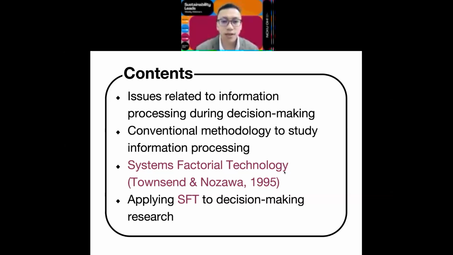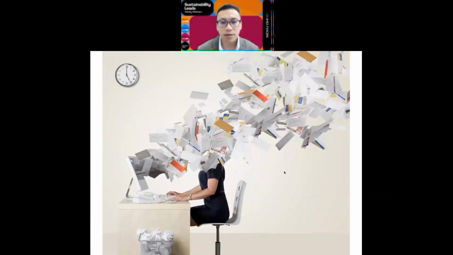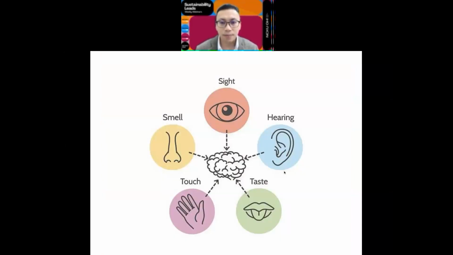Finally, I will give you several examples of my studies to show how to apply SFT to study the decision-making process. In daily life, we are constantly facing a lot of information, and how to process this complex information is a very important issue for cognitive scientists. This information may come from different senses, for example sight, hearing, taste, smell, and touch.